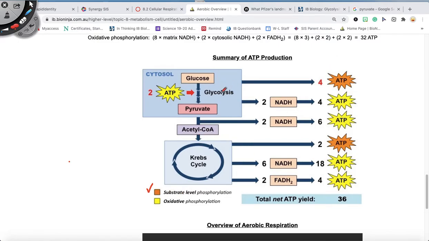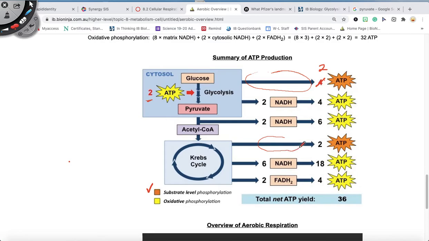In glycolysis, a substrate intermediate within this metabolic pathway was able to release 4 ATP molecules. But remember, they translate into 2 net ATP molecules because 2 ATP molecules were put into the process. So substrate level phosphorylation happens here in glycolysis.